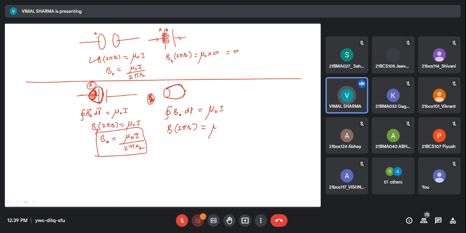So it is mu naught times, as no conduction current is penetrating this surface attached to the loop, B at A comes out to be 0. This is contradictory. If we apply Ampere's law with the plane surface, we get a non-zero magnetic field.